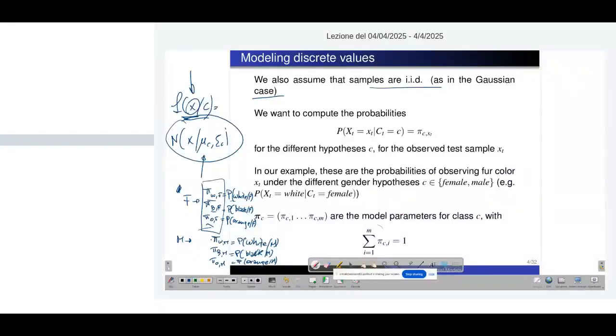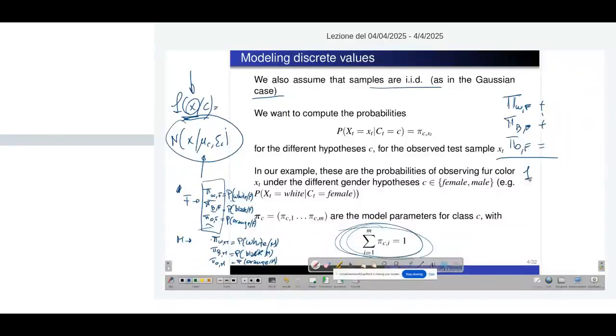Of course, in this case, these parameters are not completely free. They represent probabilities, so inside each class, the values of the parameters should add up to 1. So if I take pi white for the female, pi black for female, and pi orange for female, and white, black, and orange are my only colors, the sum of these must be 1, because they represent the complete space of options.